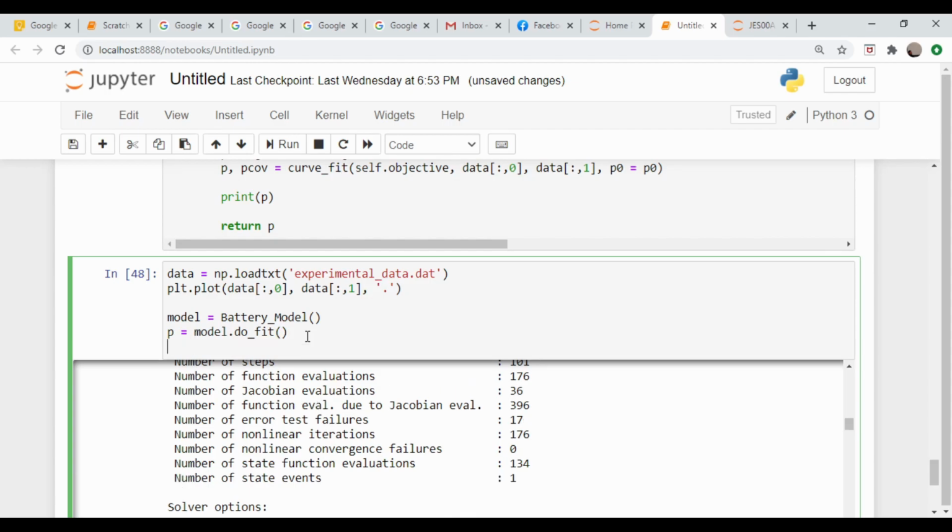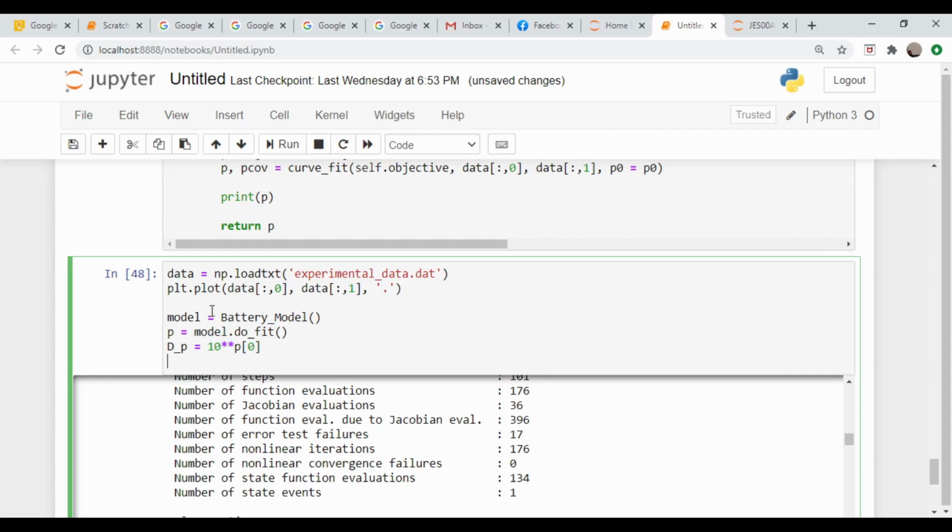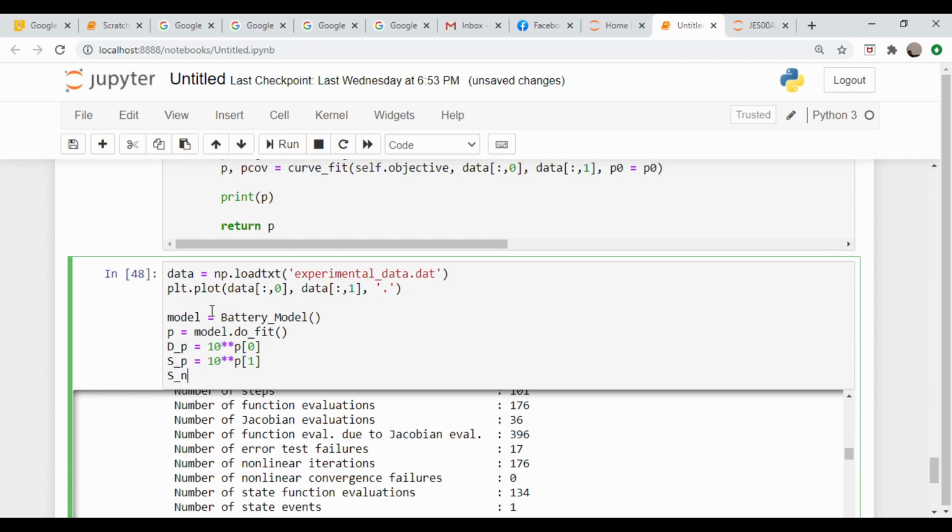We will do, let's do dP is equal to P0, and we need to exponentiate this, so it's 10 to the P0. S sub P is equal to 10 to the P1, S sub N, 10 to the P2.